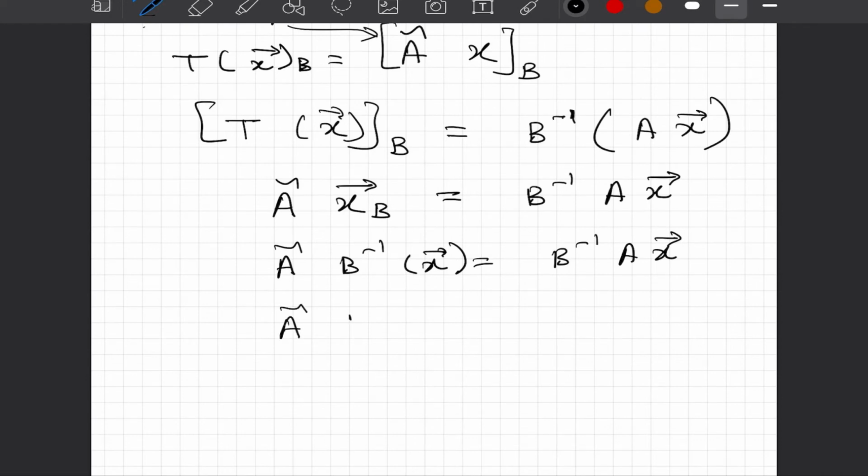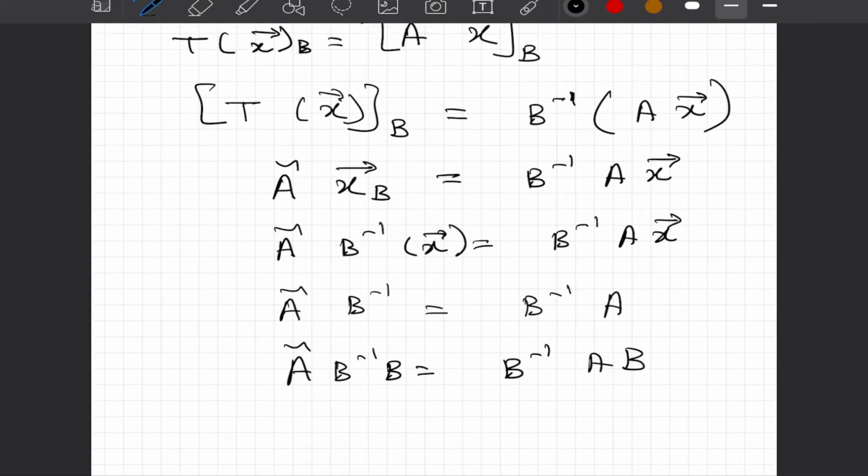Now if X is invertible, we can say that B inverse equals B inverse A, and hence if we post multiply both sides by B, this can be written as B inverse AB, or A tilde becomes equal to B inverse AB.